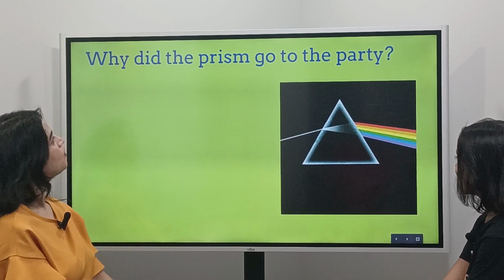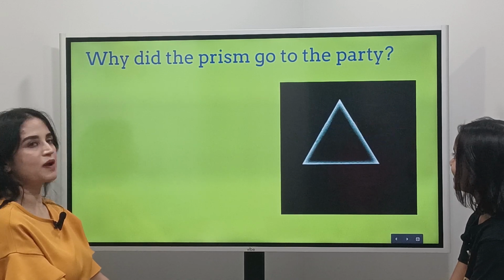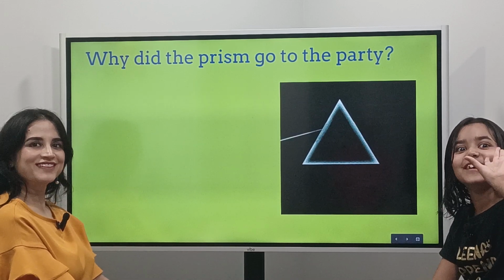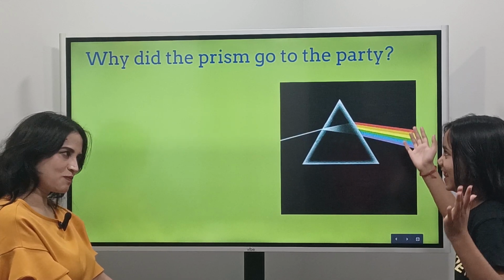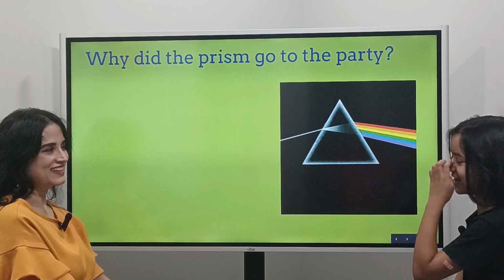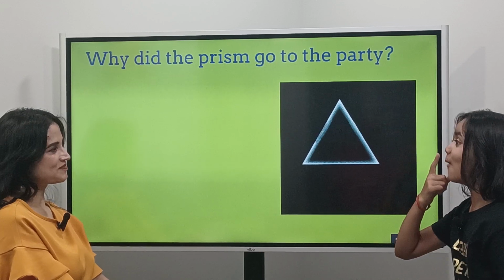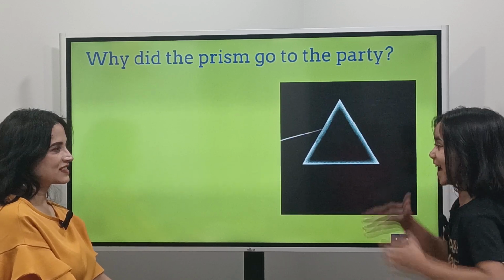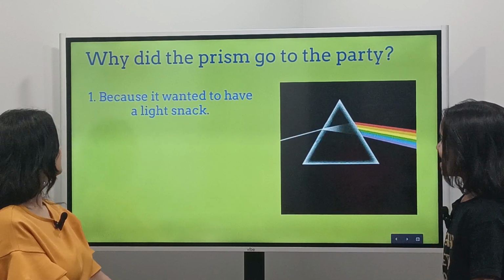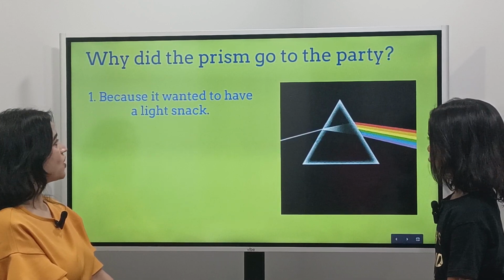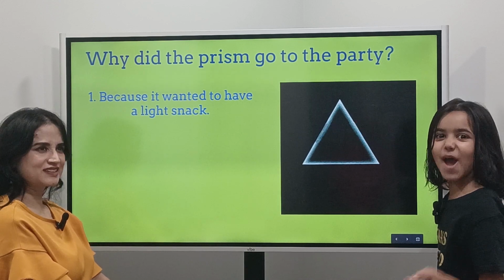Why did the prism go to the party? Because it wanted to be colorful. Let's read the options. Because it wanted to have a light snack.